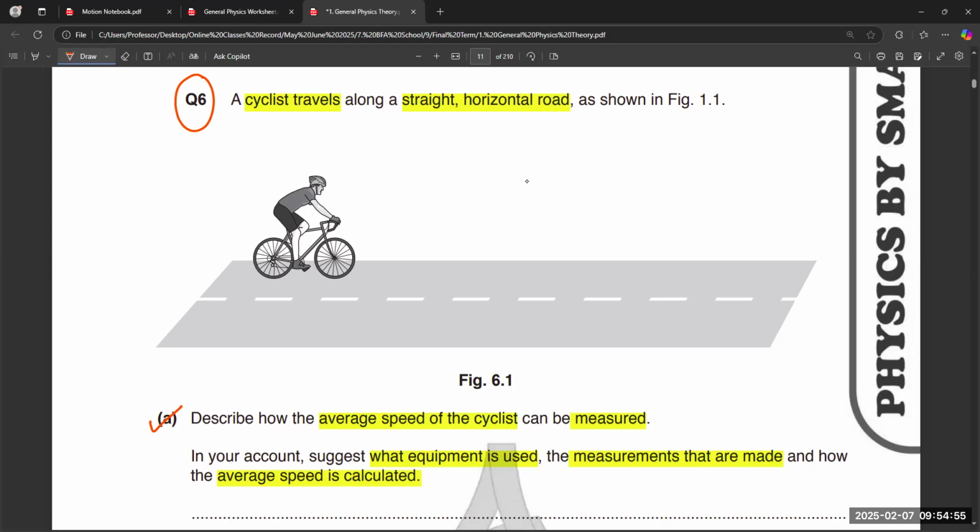So try to identify that first of all, which quantity we need to measure from this experiment and which instrument will be helpful in this regard.